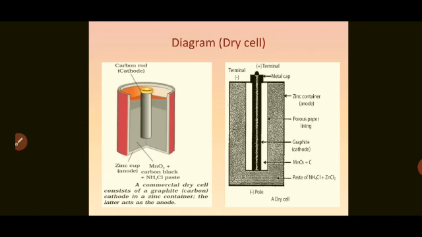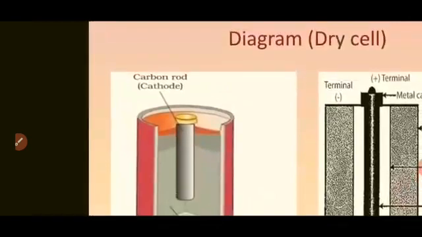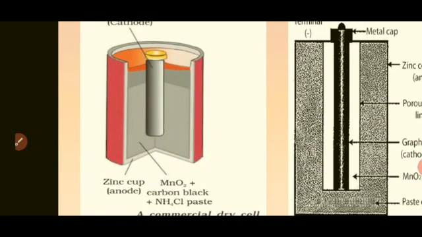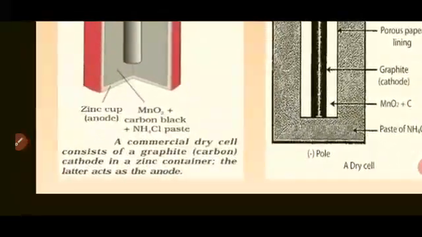So here is the diagram of the dry cell, which we are using in day-to-day life. In this, the cell is covered in a cylindrical shape, and this cylindrical shape is made up of zinc metal, which acts as anode. Inside there is a black color rod made up of graphite, that is carbon, which acts as cathode.